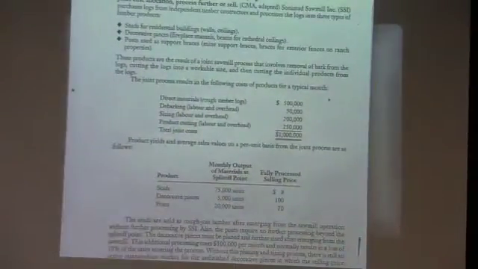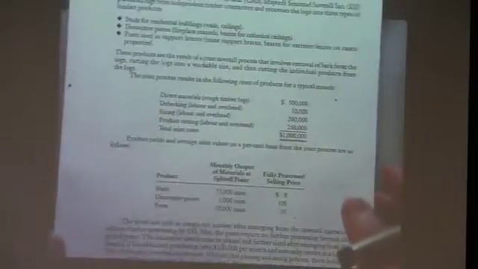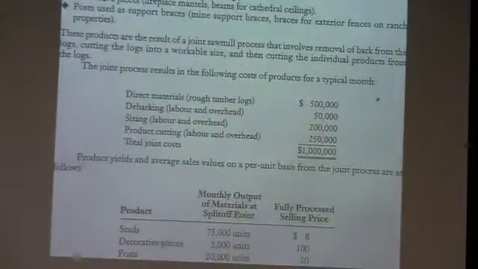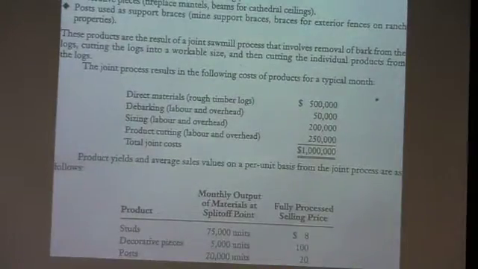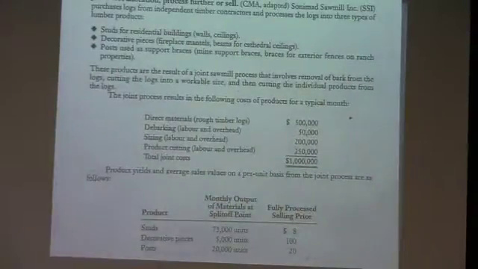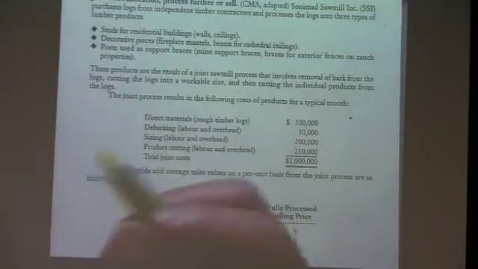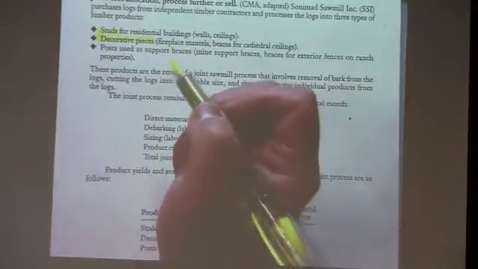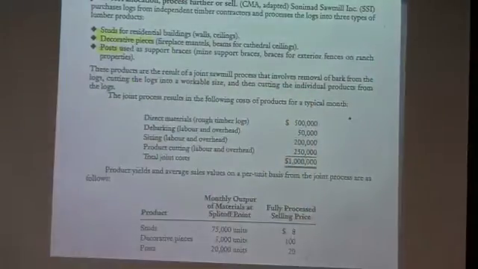So let's look at the question. The question starts with SSI purchases logs from independent timber contractors and processes the logs into 3 types of lumber product. So the 3 types of lumber products are the studs, the decorative pieces, and the post.